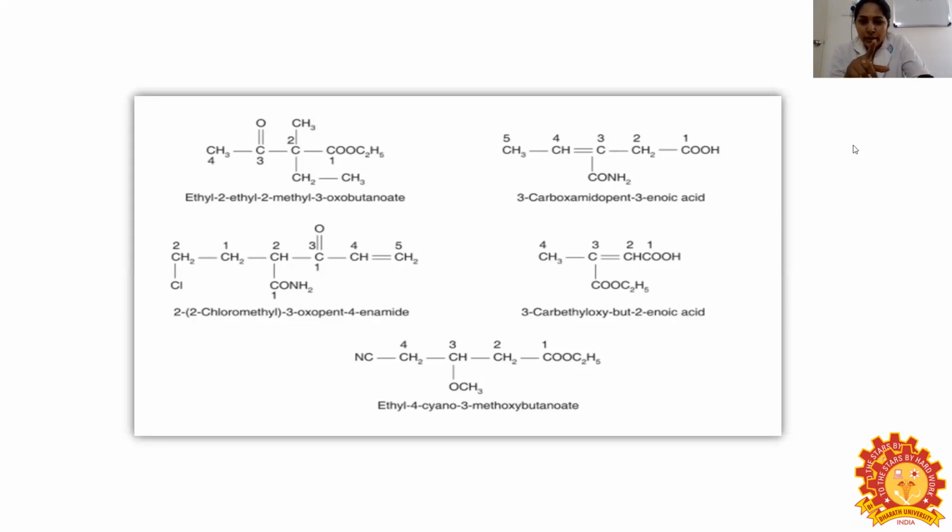So 1, 2, 3, 4, 5. Primary is carboxamido, 1, 2, 3, carboxamido, pent, 5 carbon atoms.